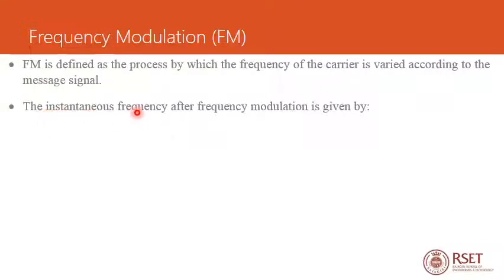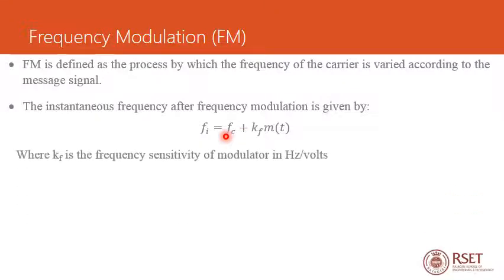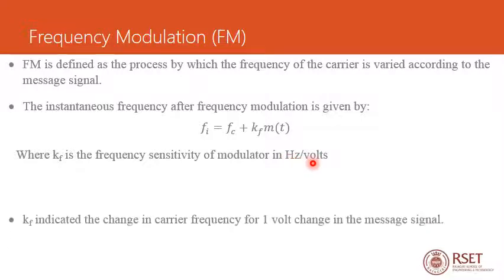The instantaneous frequency after frequency modulation is given by fi = fc + kf m(t). Here kf m(t) represents the modulating signal and fc represents the carrier frequency, where kf is the frequency sensitivity of the modulator, in hertz per volt.